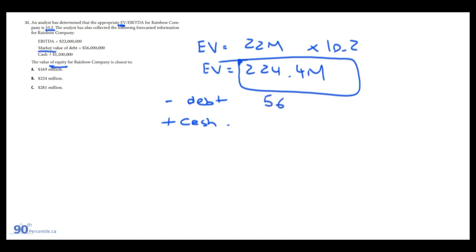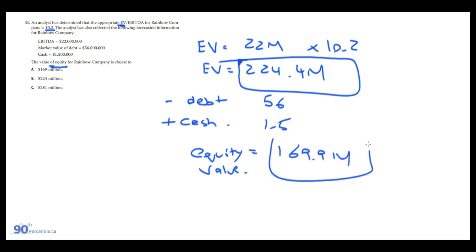It's important that we're using the market value of debt, not book value. Market value is a more accurate, more up-to-date measure. And then we're adding the 1.5 of cash. So here we get an equity value of 169.9 mil, which is our answer A.